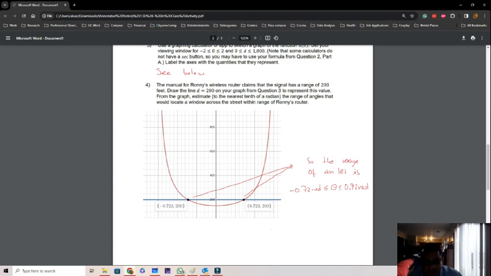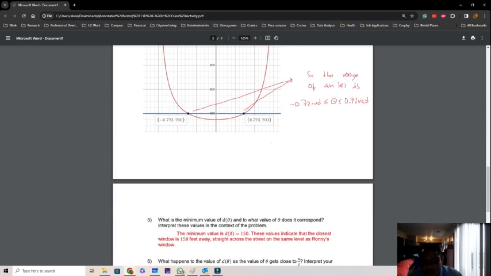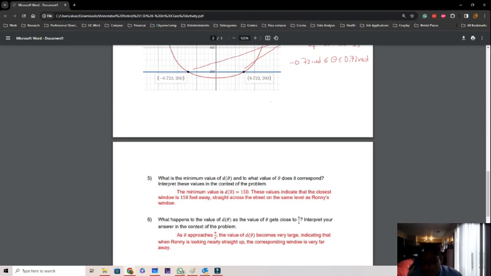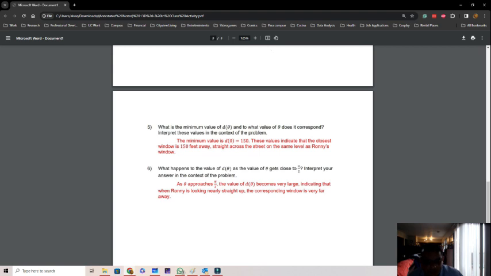These are the angles that will locate a window across the street within range of Ronnie's router, or in the same building. In the same way, we want to know what the minimum value of the distance is and what theta it corresponds to, while interpreting these values in the context of the problem.